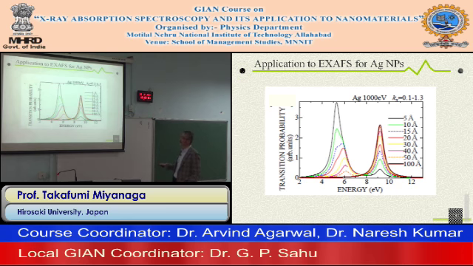The stronger, higher peak is from the bulk plasmon for silver, and the lower energies are from the surface plasmons.